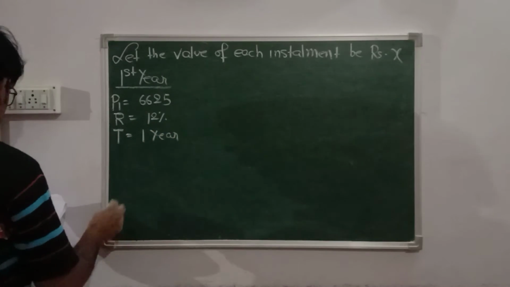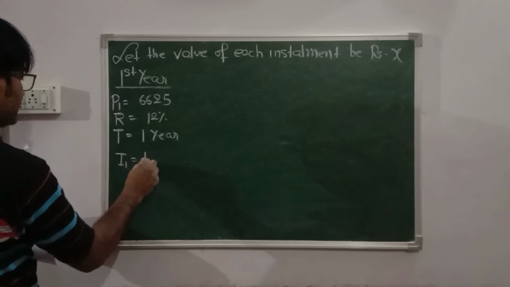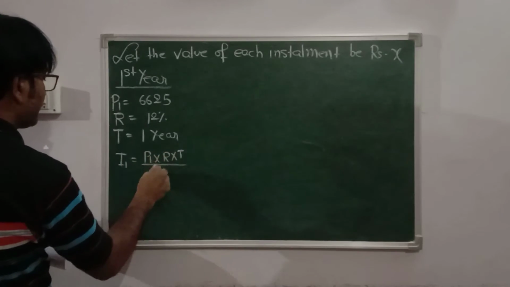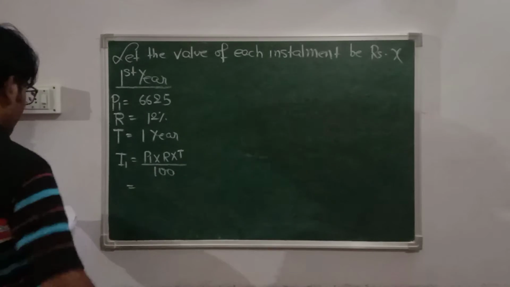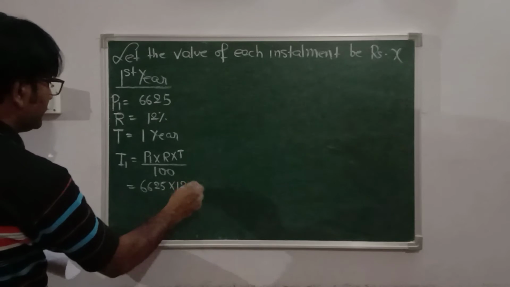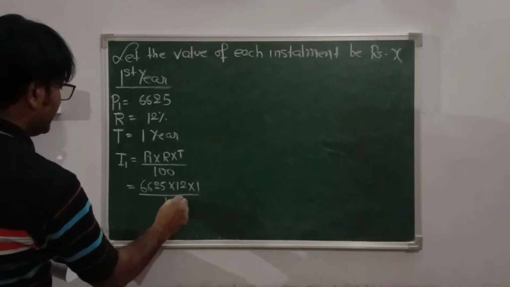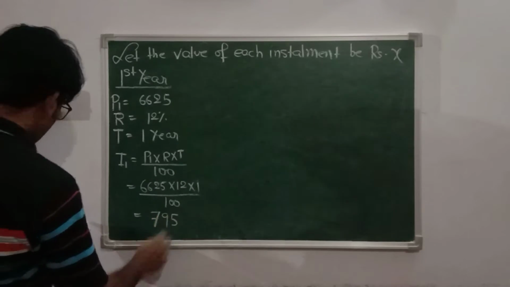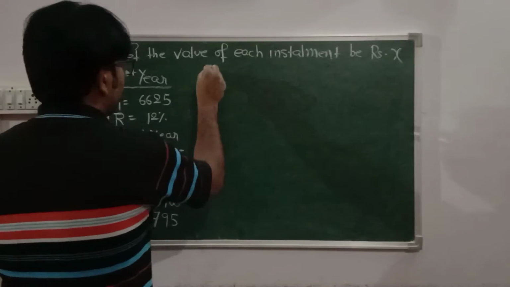You need to find the interest. I1 is P1 into R into T by 100, that comes to 6625 into 12 into 1 by 100, and that is equivalent to 795.